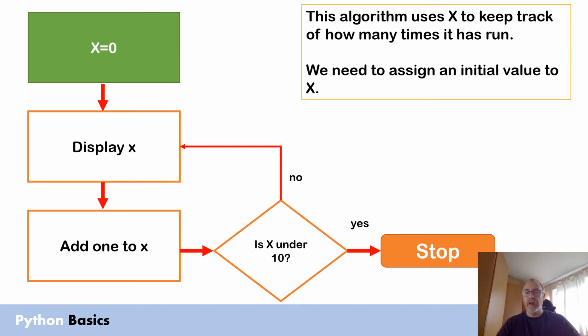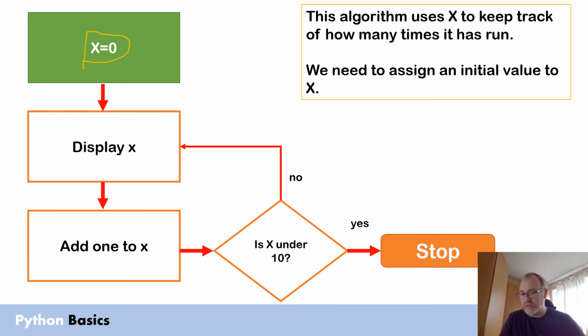In order to get your head around how to code a while loop, the first thing to realize is that we need a variable. A variable is absolutely crucial for loops because it allows us to keep track of where we are in the loop. Without a variable in this flowchart, there's no way we'll be able to know whether we should keep going or stop. The same will happen inside a program. In this case, I've got a variable x, and I've written this a bit more codey now.